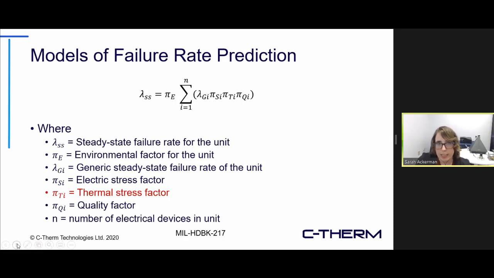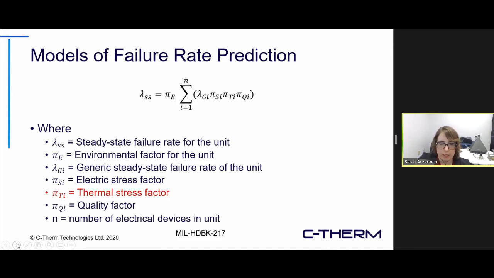In this case, we have the steady state failure rate for the unit being equal to some environmental factor multiplied by the sum of a weighted failure rate for different individual components.